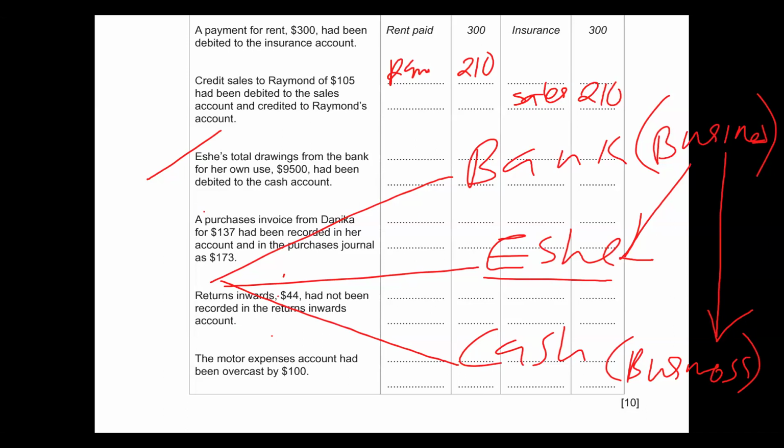What do you do to correct the error? When you withdraw money for personal use, you are supposed to debit the drawings account, right? But you ended up debiting the cash account. So what do you do to correct this error?